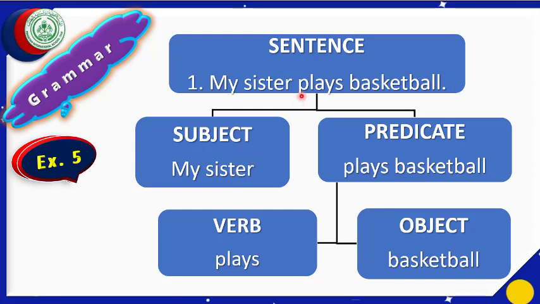Predicate will be plays basketball. Now we shall break predicate into verb and object. Verb will be plays and object will be basketball. Let us move to the next part.